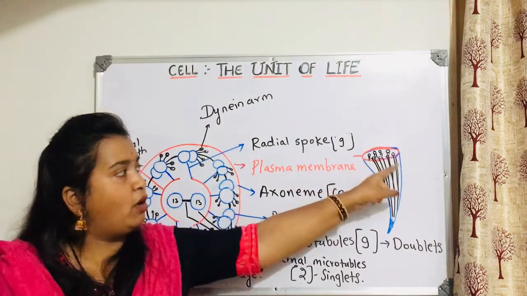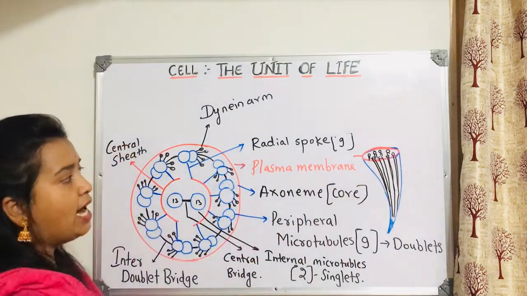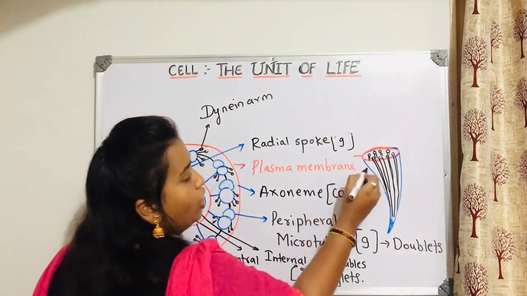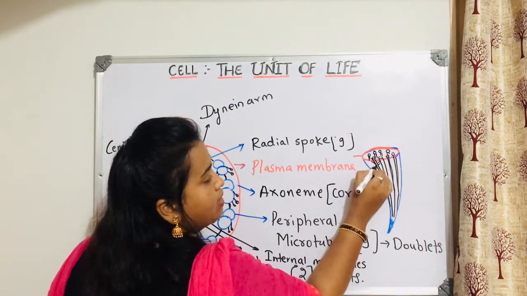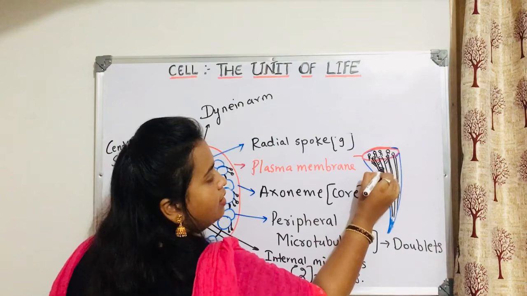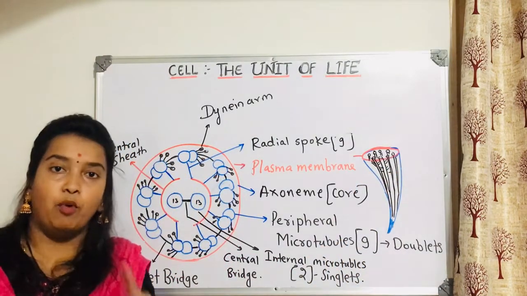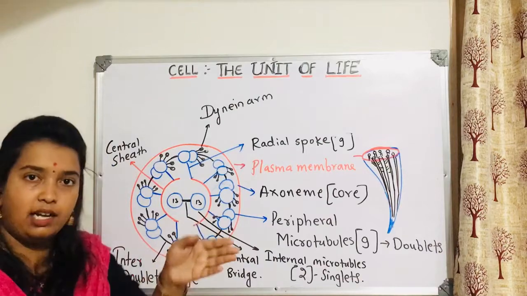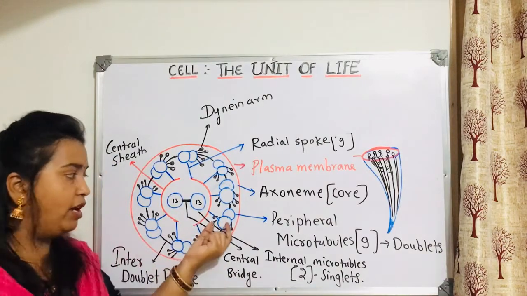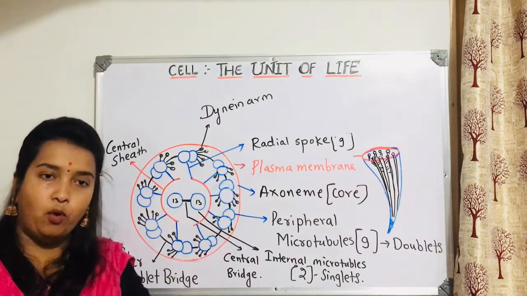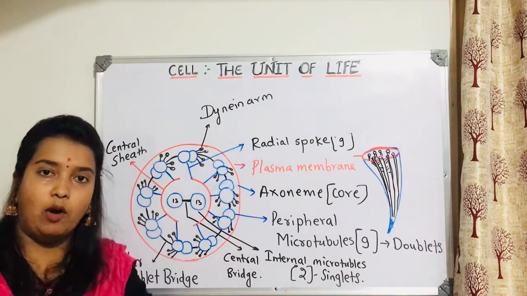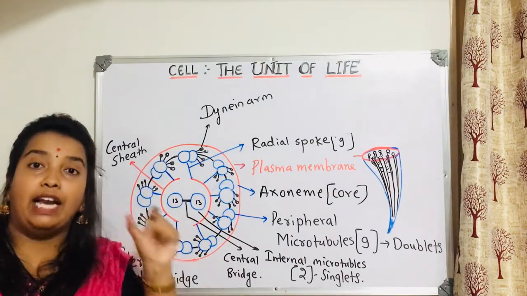Are you able to see here how they are connected? So these Dynein arms, if you see, they all are connected like this for the other ones. Whenever their movement is required, they touch the further filaments, microtubules, and move them like this. Up and down movement is done with the help of ATPase.